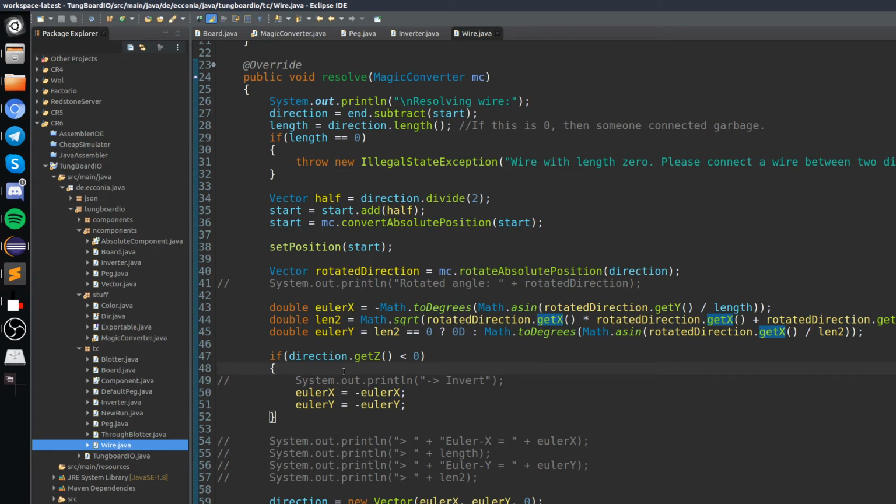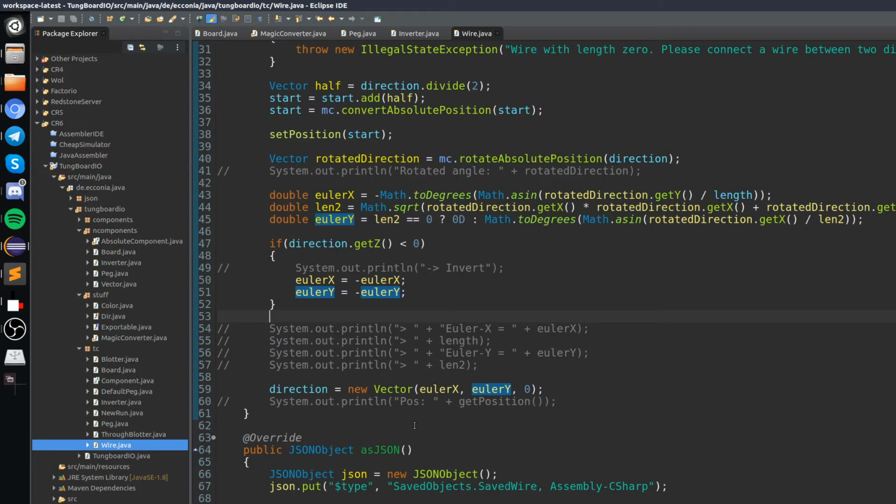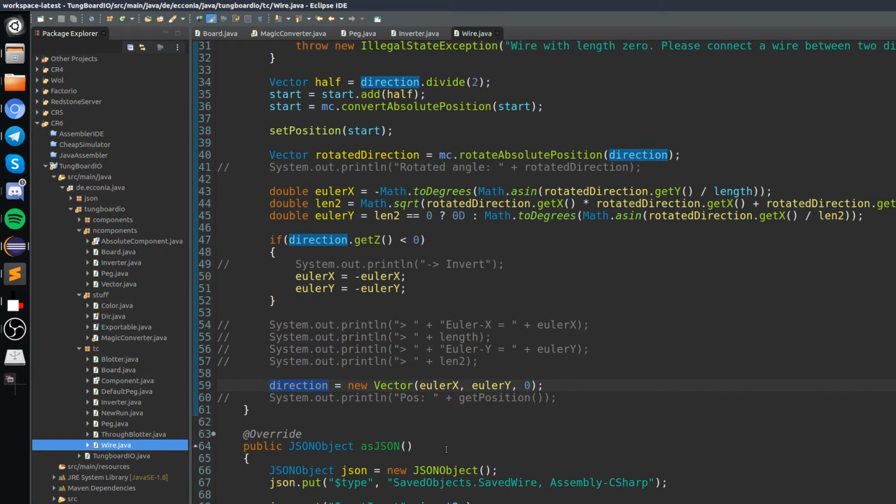It doesn't matter which one I define. So when it's behind Z, I just invert both of the angles, because then I am the opposite one. That is totally fine, because then I have all 8 perfectly defined. All 8 directions the wire can have, or it's actually 4. And that's how I get the direction and Euler angles.